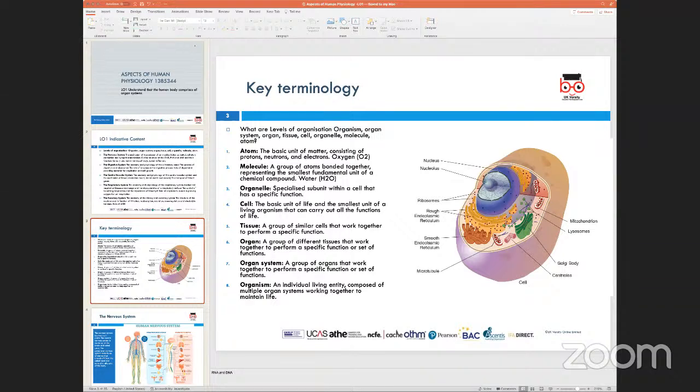Now when we go from cell, the next thing we look at is different types of cells. When they come together, they form what is called tissue. Tissue is basically a group of cells that have a similar function and structure, and they are brought together to perform a particular function within an organism.